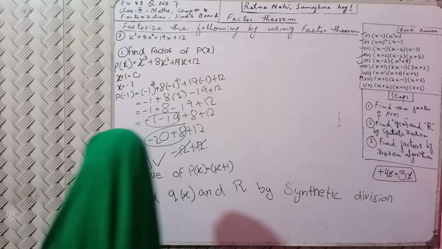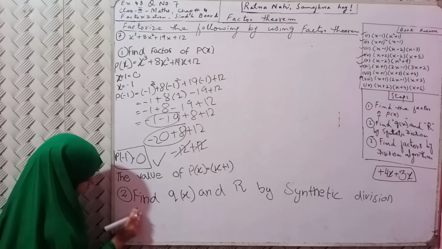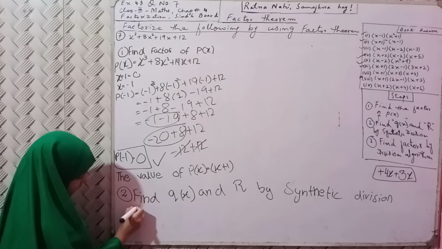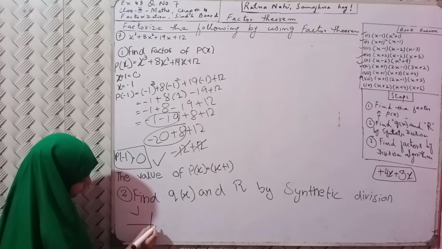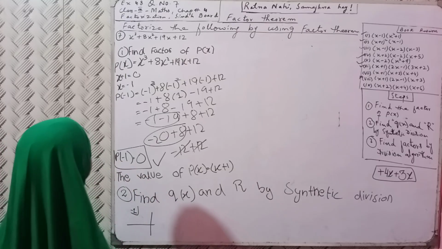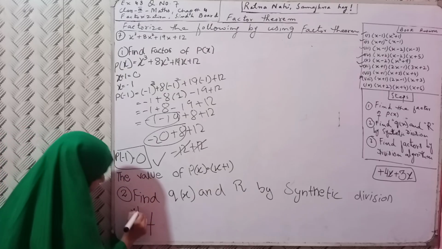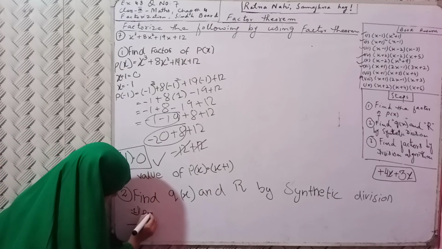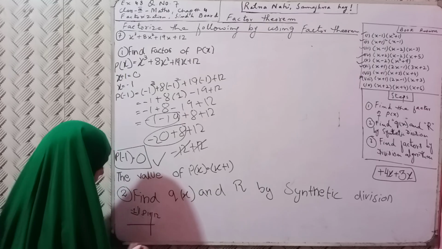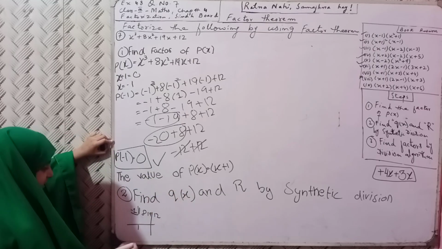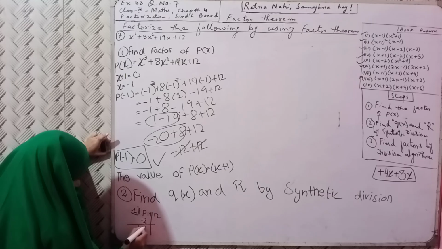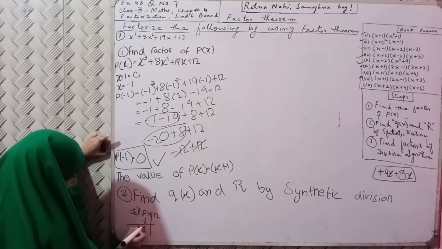First of all, here it will be like this: minus 1, and here 1, 8, 19, 12. 1 down, minus 1 times 1 is minus 1, 8 minus 1 is 7.